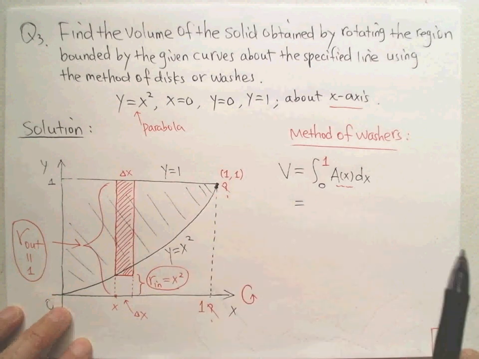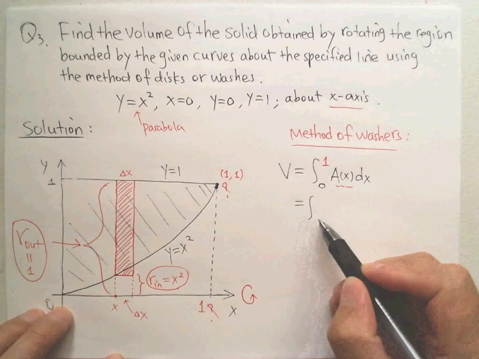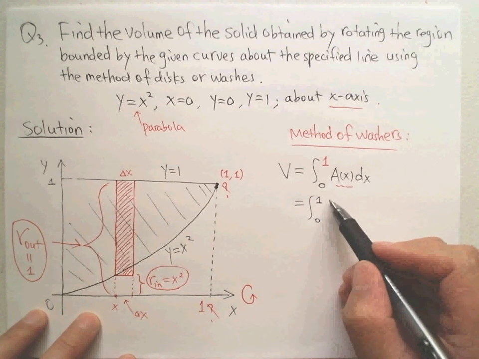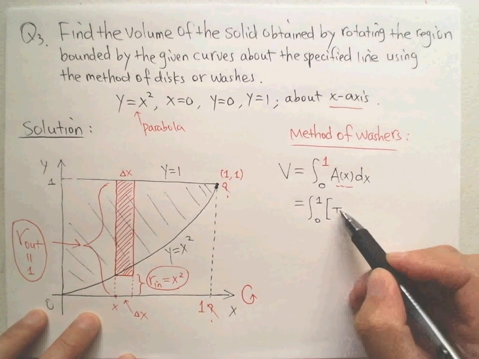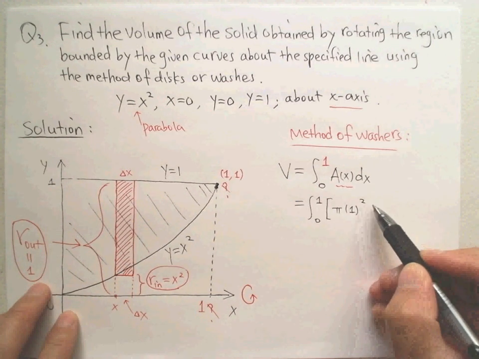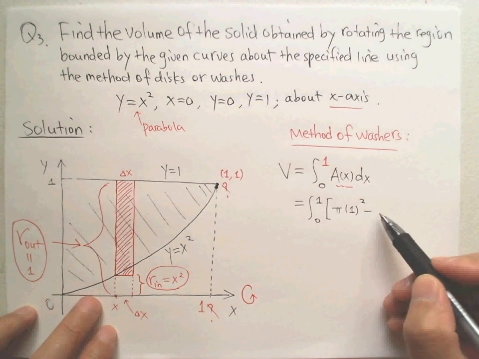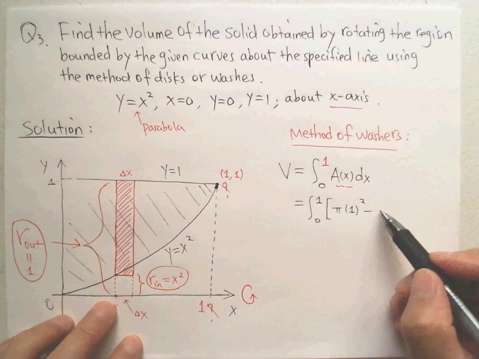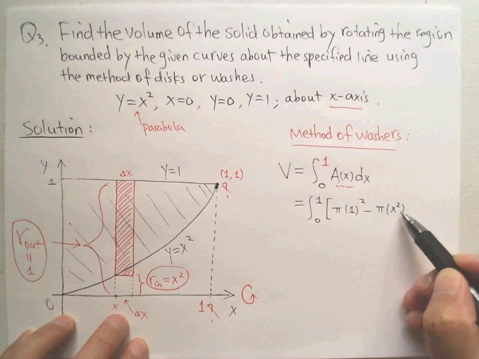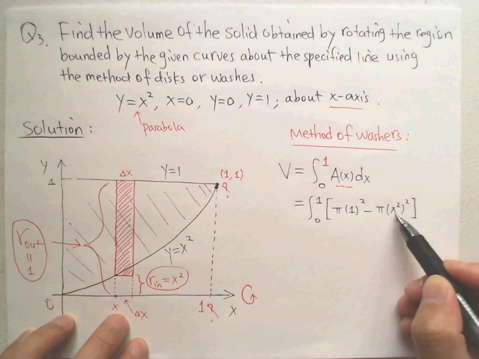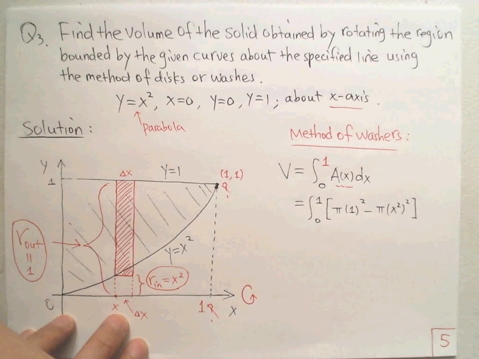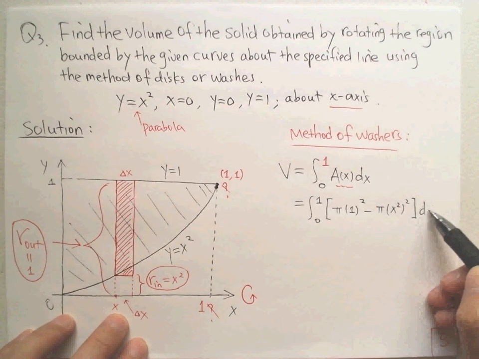I think now we have everything, right? Because the formula tells us we have to use the outer radius and the inner radius. So here we are going to integrate. Now it's just plugging in. It is pi times the outer radius, which is 1 squared, the big area of the circle, minus pi times the inner radius, which is x squared, the area of the small circle.